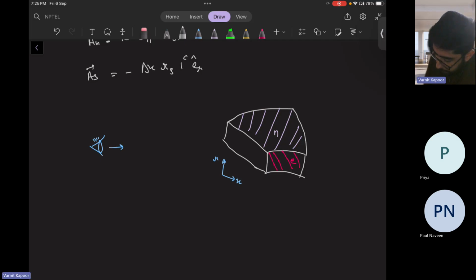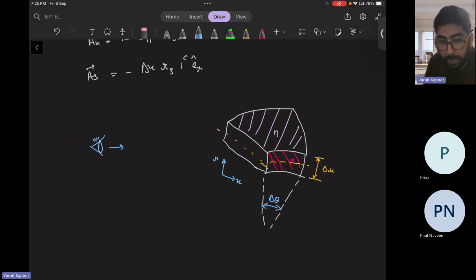And this was your key point. This is how much? In this direction, it is del r. And by this much will be del theta, independent of theta direction, which is nothing but 1 radian.